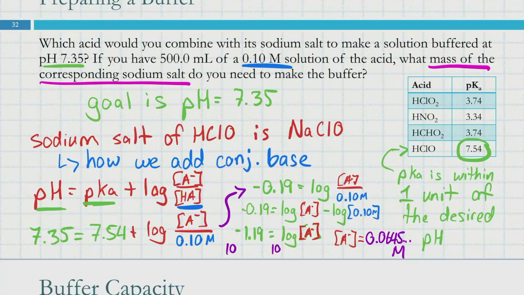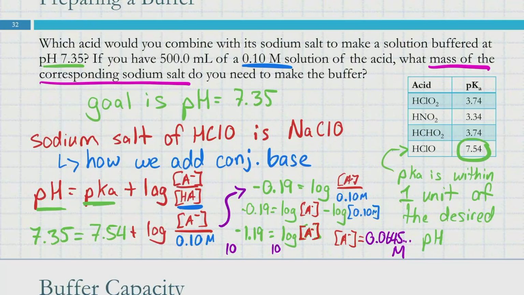We can check if this makes sense. So the check that I am doing in my head to see if this makes sense, we're looking at the pKa, 7.54, the pH, 7.35. Our target pH is lower than our pKa. When our concentrations are equal, our pH will be the same as our pKa.